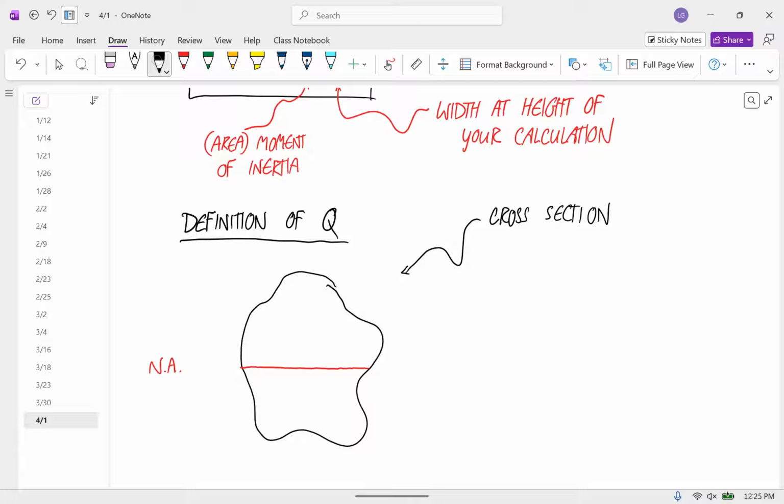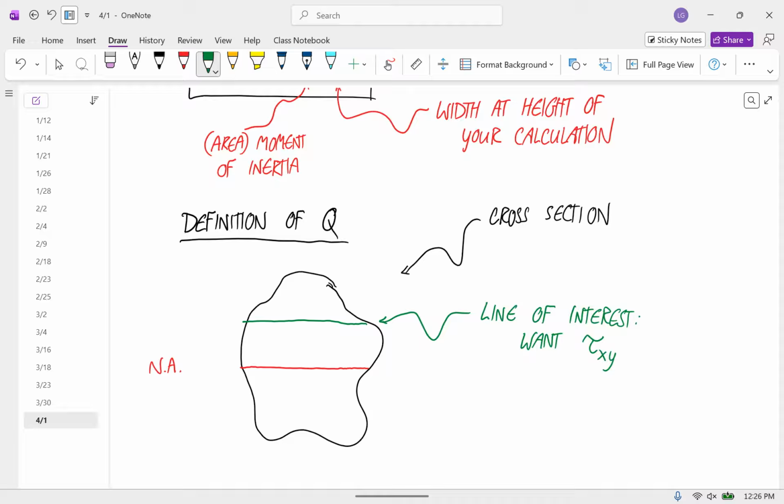And let's say that this line, let me do green, this is our line of interest. This is where we want to calculate our tau xy.